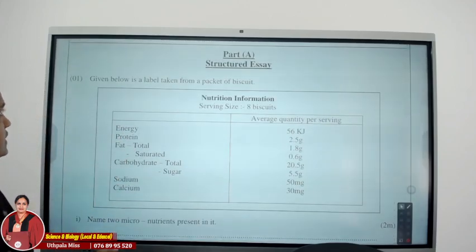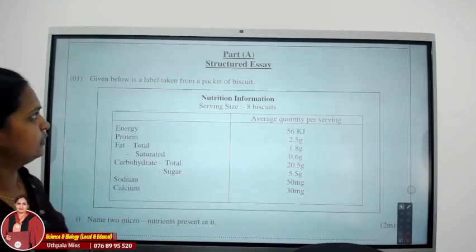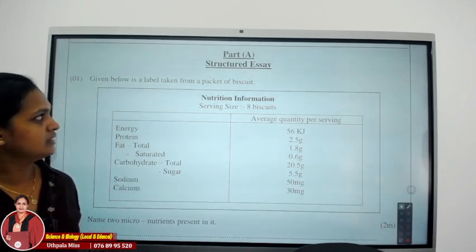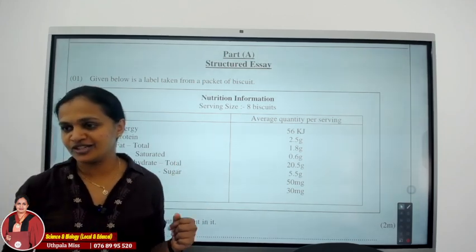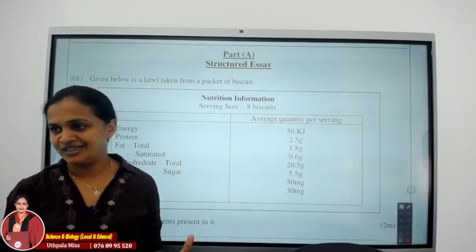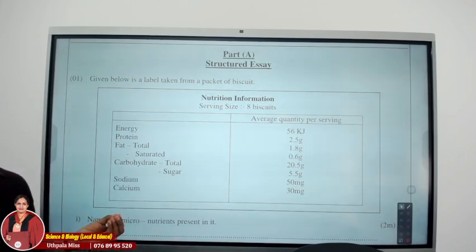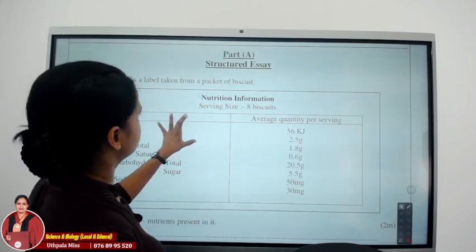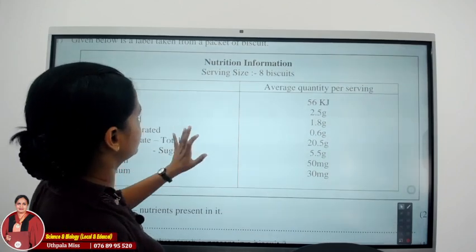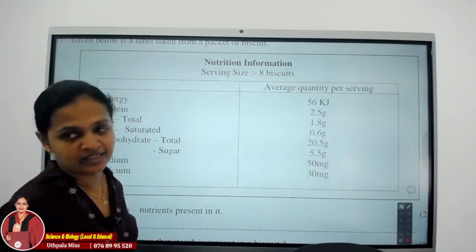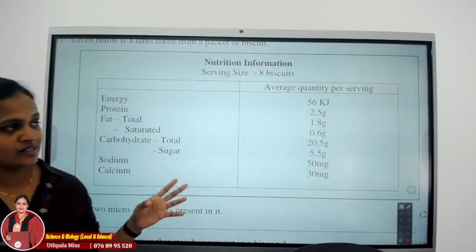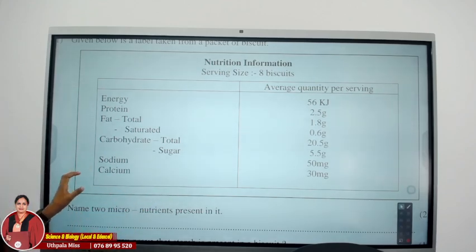Here it gives nutritional information about the biscuit. It says, given below is a label taken from a packet of biscuits. The nutrition information serving size is 8 biscuits, so for 8 biscuits are the nutritional information.